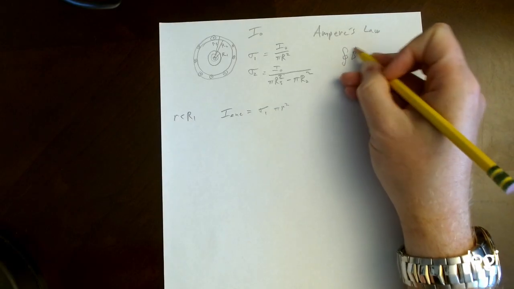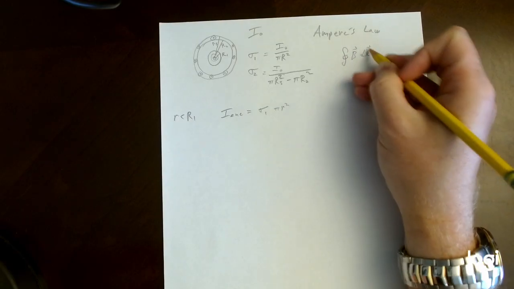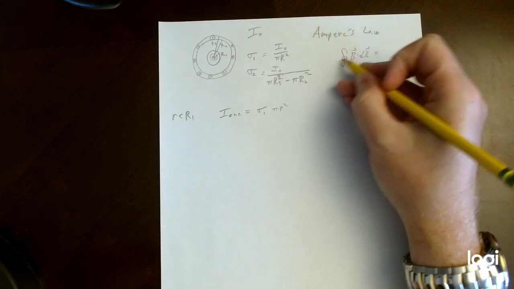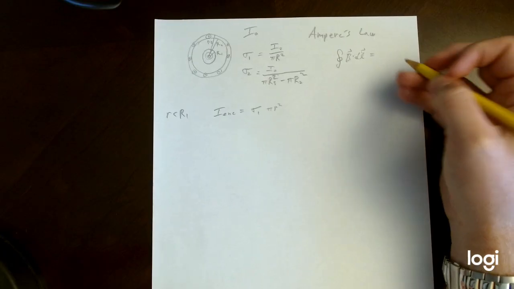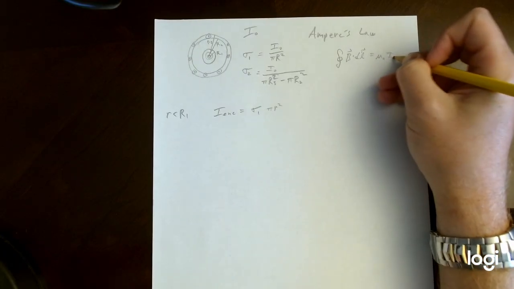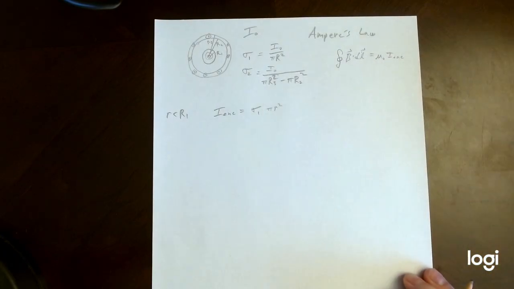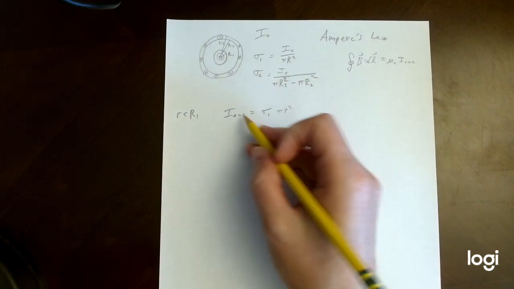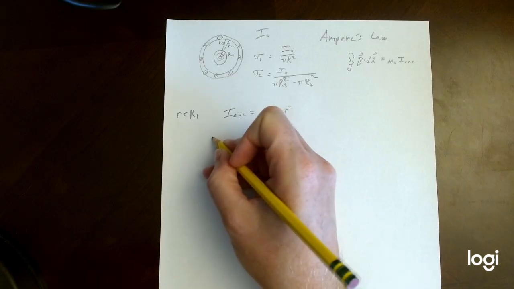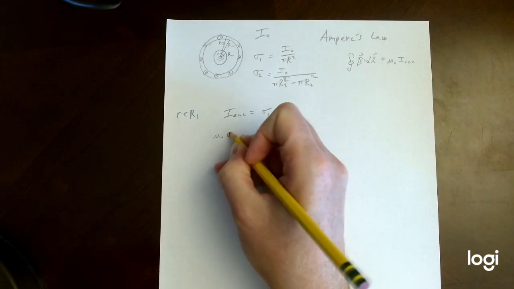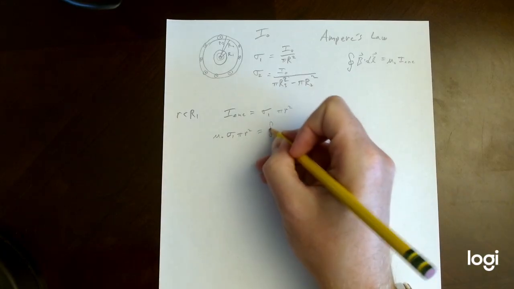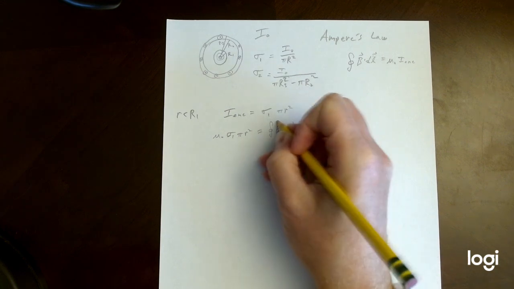This is a line integral of B dot dl around a closed loop, equal to mu naught I enclosed. So we have mu naught sigma 1 pi r squared, which is I enclosed, equal to the line integral of B dot dl.